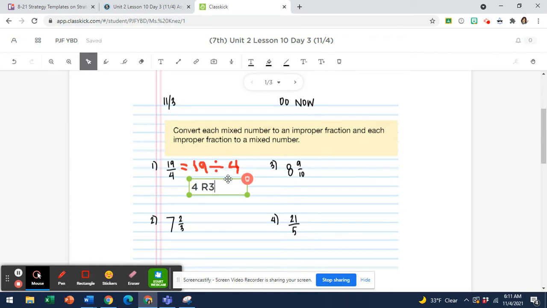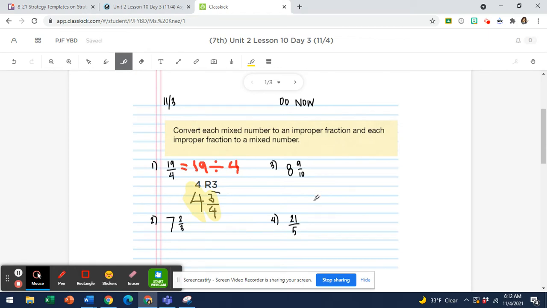If I have 4 with a remainder of 3, that's the same thing as saying that I have 4 and 3 over 4. And our process for converting to a mixed number is that simple. I'm finished. Final answer.